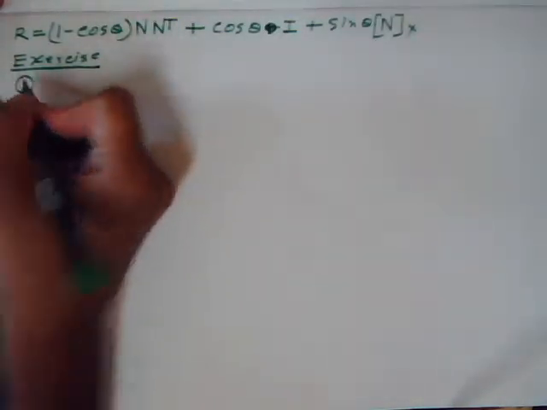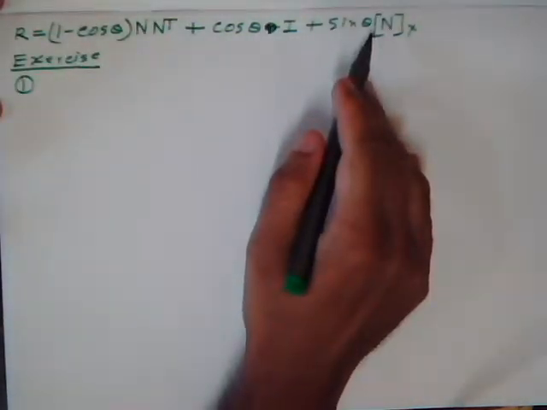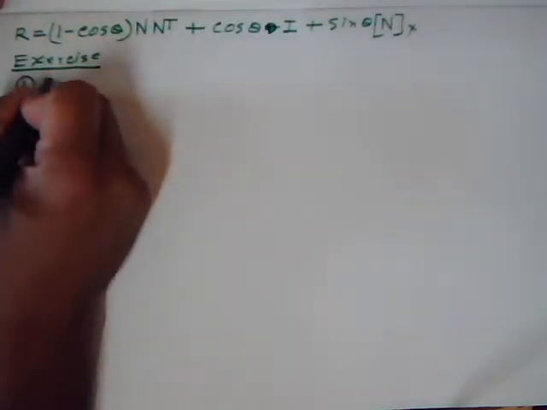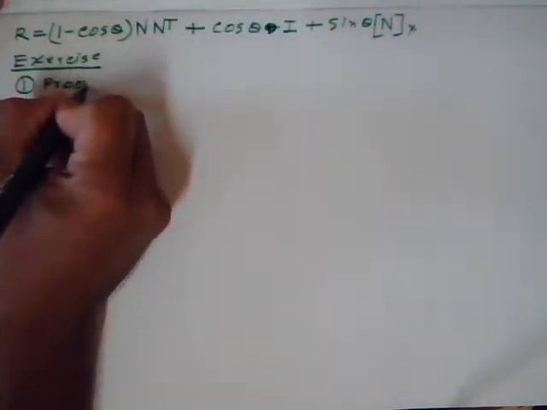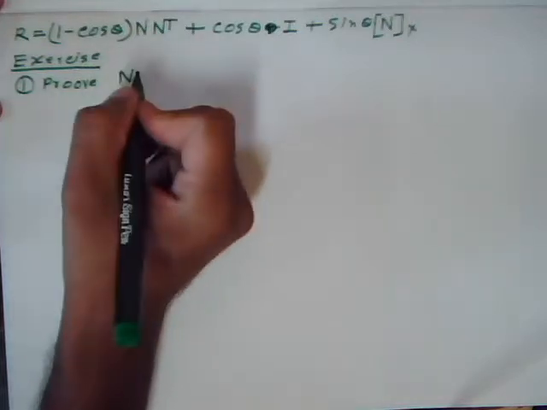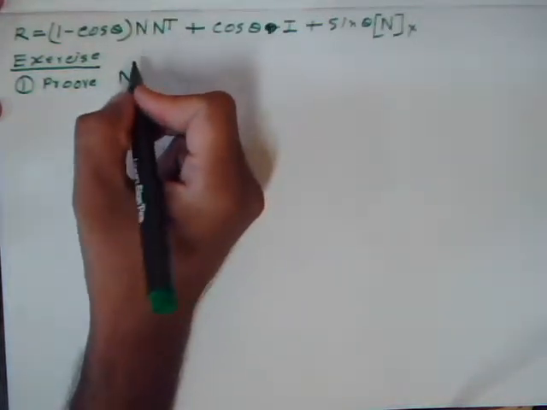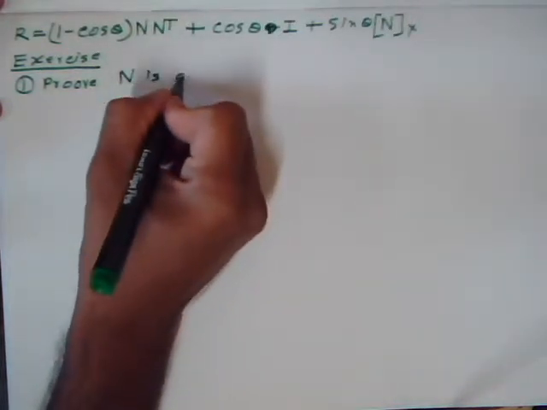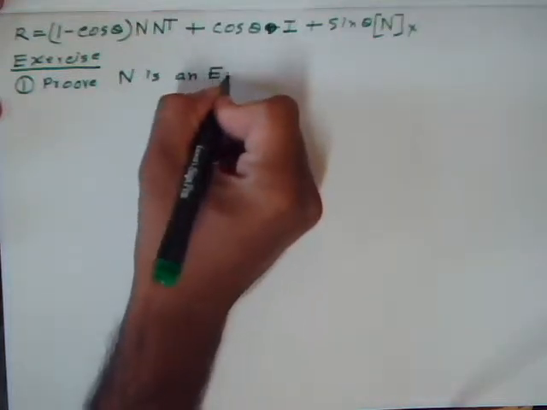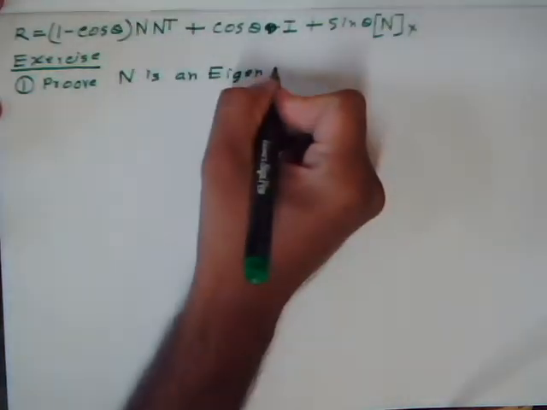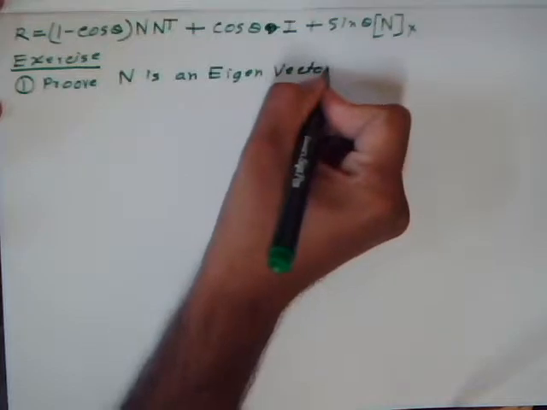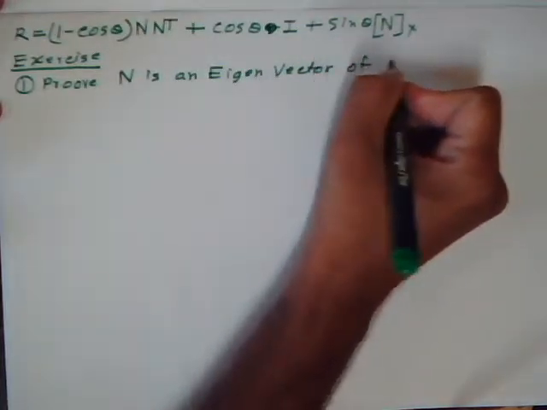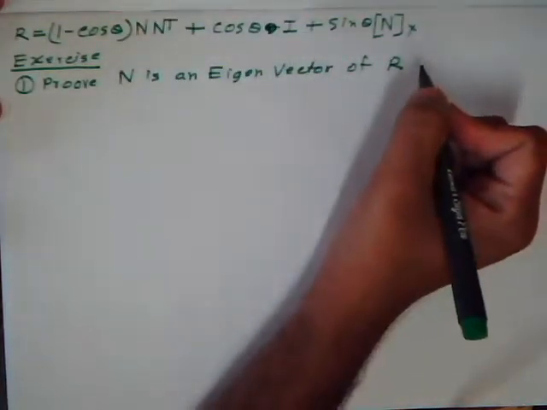Number 1, given this form of the rotation matrix, prove that n, that is the axis of rotation, is an eigenvector of R, that is the rotation matrix.